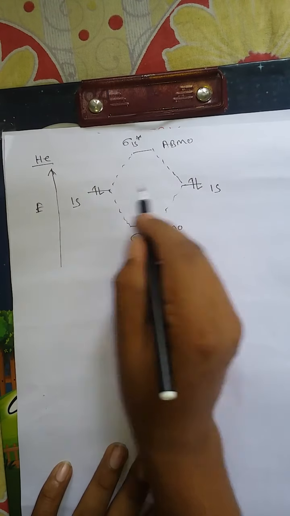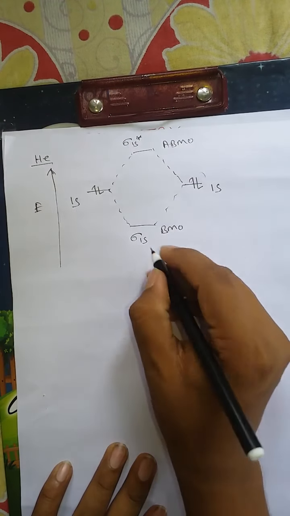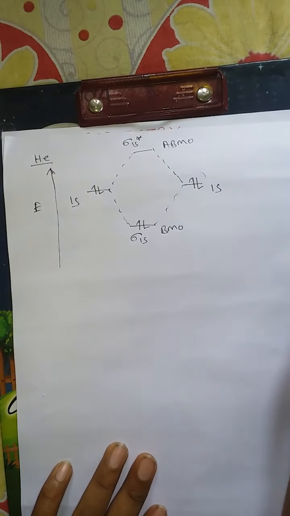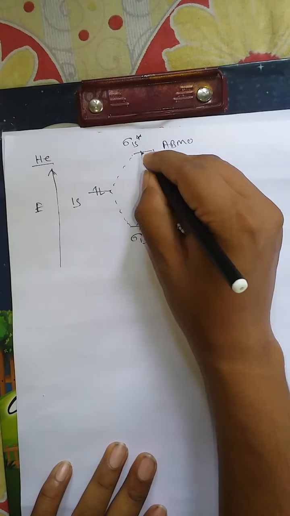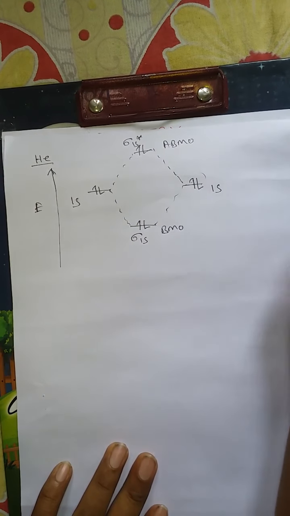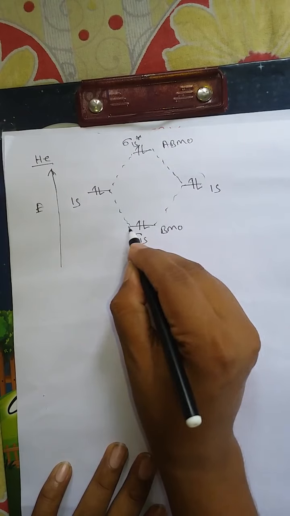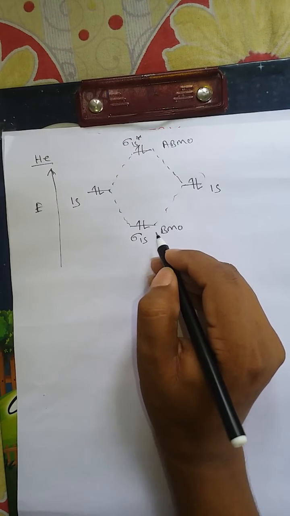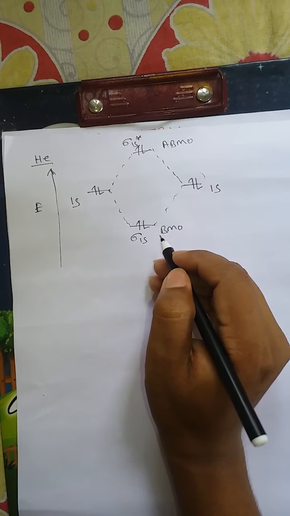So 2 plus 2, 4 electrons are present: 2 electrons in BMO and 2 electrons in ABMO, because one orbital can hold a maximum of 2 electrons.